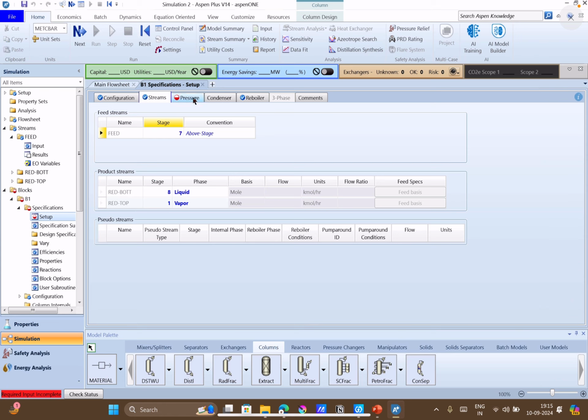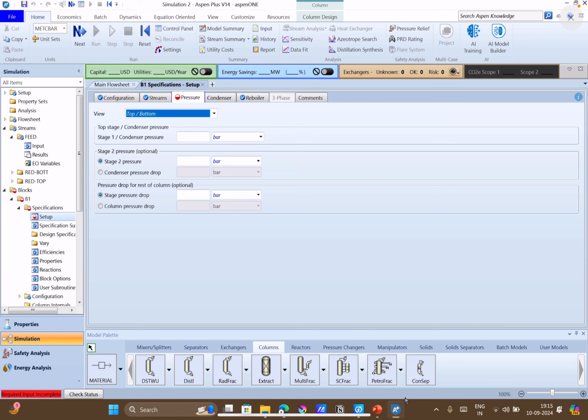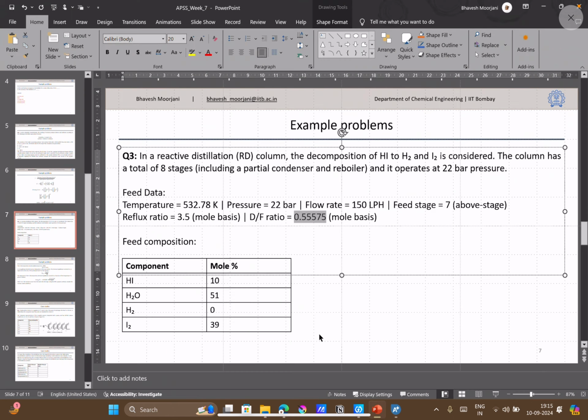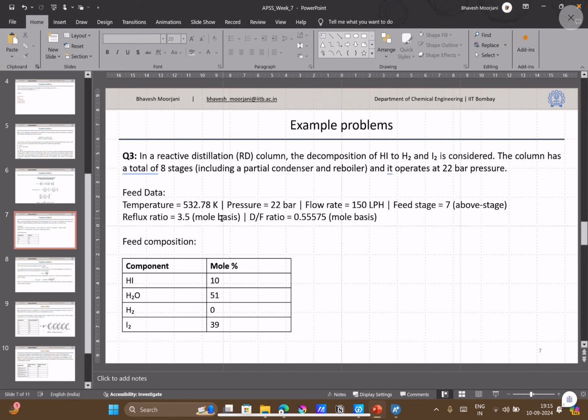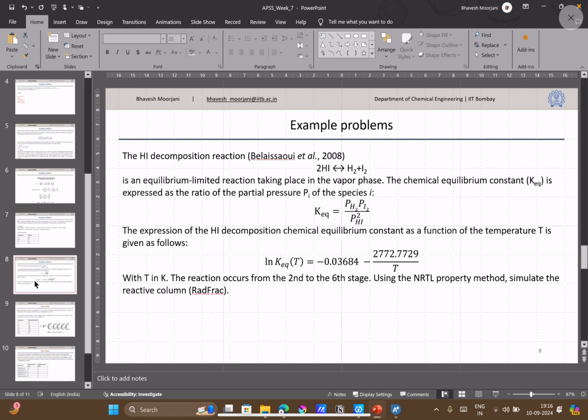Pressure conditions. So what has been given to us? That 8 stages. The column is like this. Feed is at 22 bar, but what about the column? We should use the NRTL method.